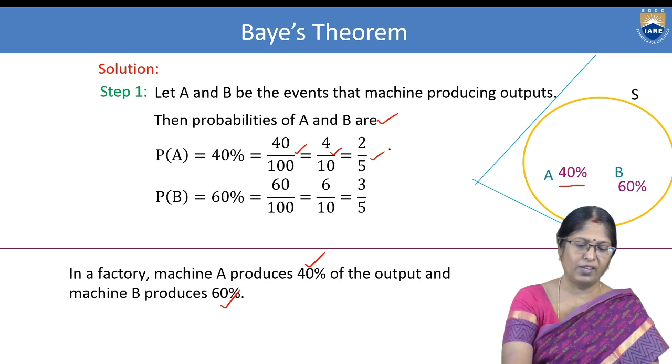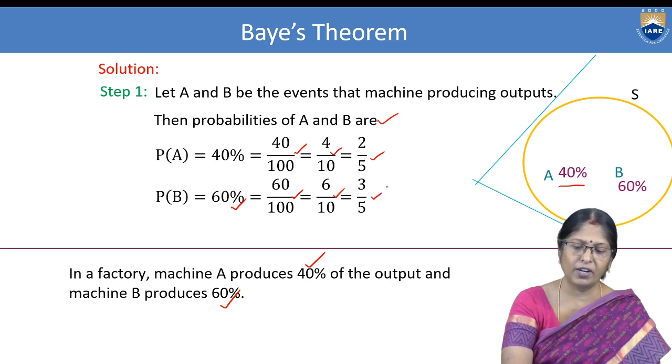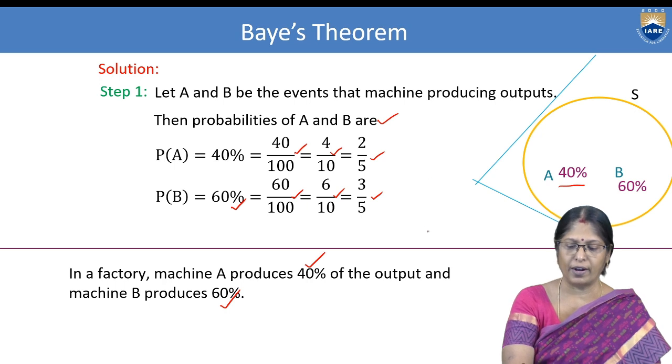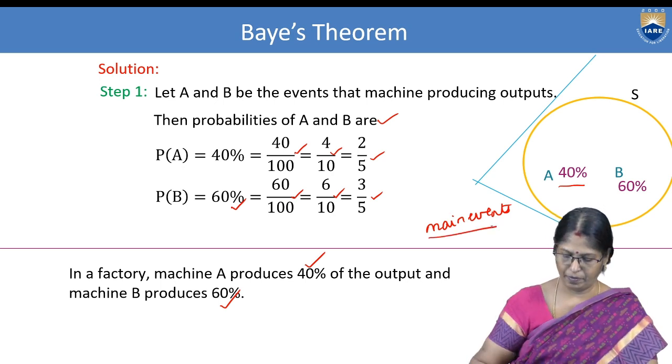Probability of B is 60%, 60 by 100, 6 by 10, it's nothing but 3 by 5. So we completed step 1 regarding our main events. That is only our step 1 we completed.